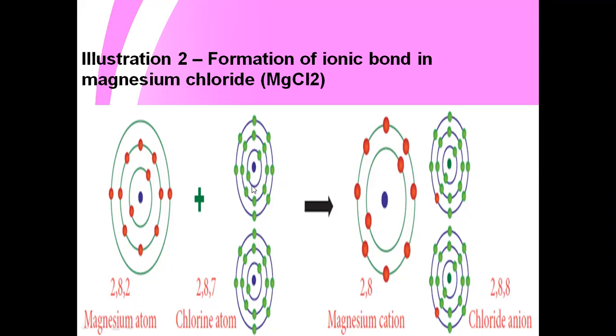One chlorine has 7 electrons in the outermost shell, so one electron is added and it attains a stable configuration, and the other chlorine atom gains 1 electron and also attains a stable configuration. The magnesium atom also attains a stable configuration because 2 electrons are lost. So which one is positive and which one is negative? Magnesium is a positive ion because 2 electrons are lost.